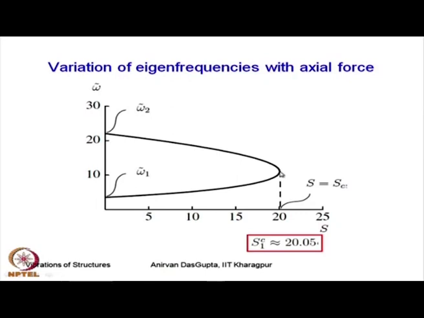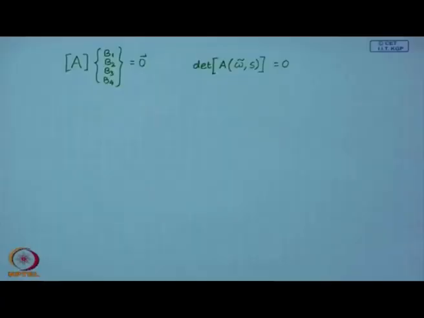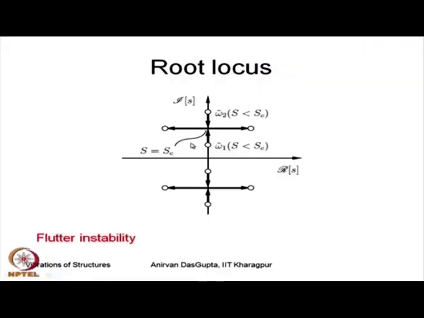Now, to see what happens to these circular eigenfrequencies, we look at the root locus, where we plot the real part and the imaginary part of S. Remember that S is plus or minus i omega tilde.